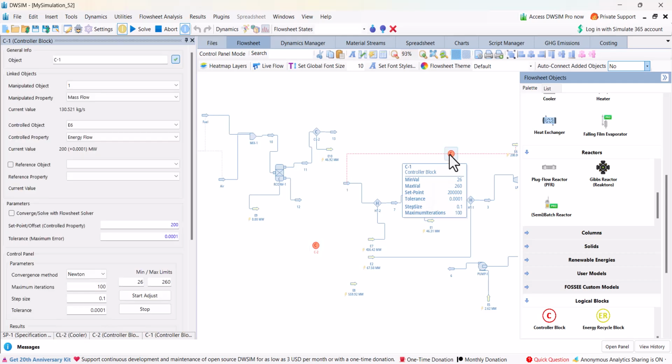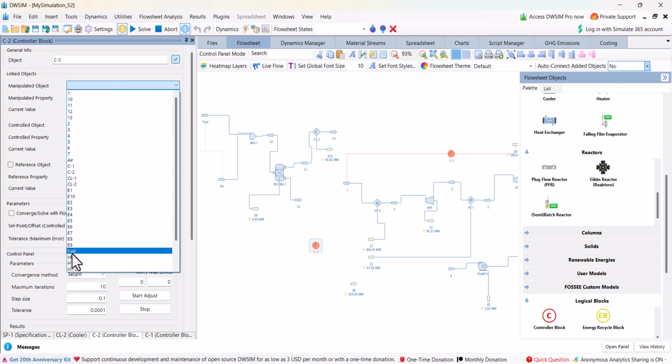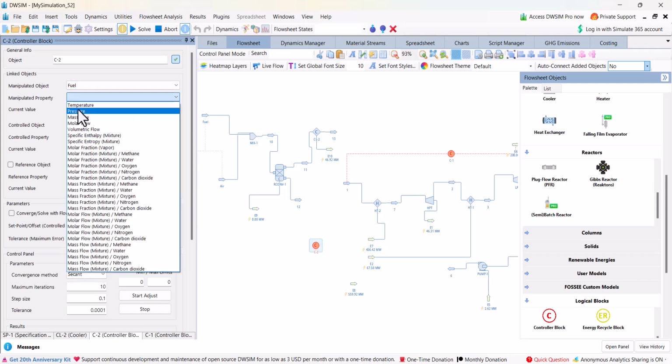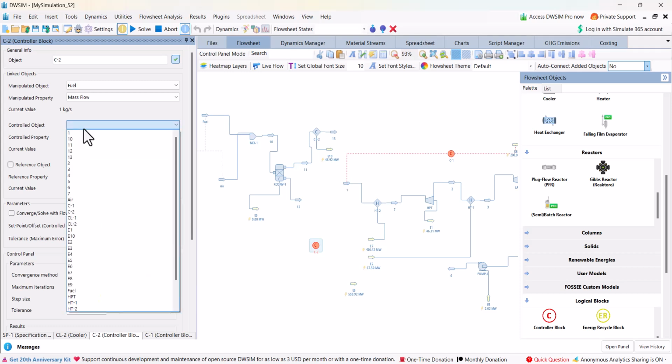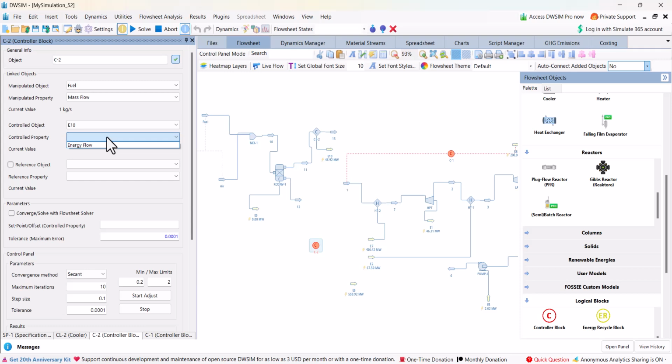We manipulated, yes, we will manipulate fuel, and by controlling this E10. So we will manipulate fuel and we will manipulate its mass flow rate. By doing so, we will control E10, its energy flow, and we want to make E10 559.92 megawatt. Press enter.